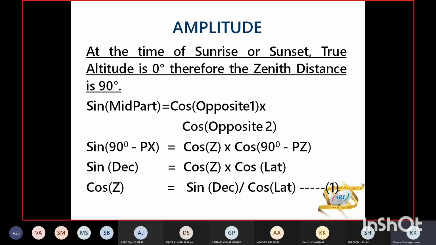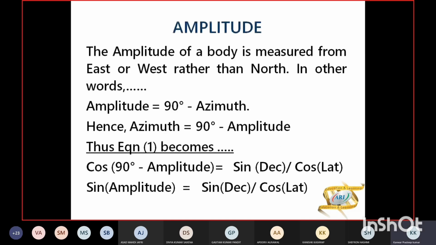अब cos z को हमने, z तो एजीमथ, हमने इसको एम्पलीट्यूड में कन्वर्ट करना, जो मैंने पहले बोला था थोड़ी देर पहले. एम्पलीट्यूड इज व्हाट? 90 माइनस एजीमथ. Therefore azimuth is equal to 90 minus amplitude. अब cos z की जगह में 90 minus amplitude डाल दो.